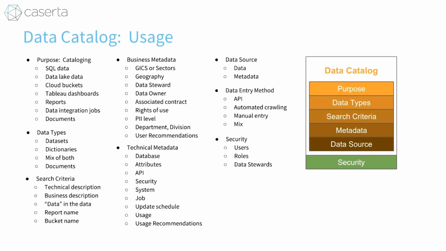How will you as a company use and catalog that data? Are you looking at your SQL data or your data lakes or cloud buckets? Data types: are you looking at data as data sets or as dictionaries that you want to catalog to find out where that physical data is?